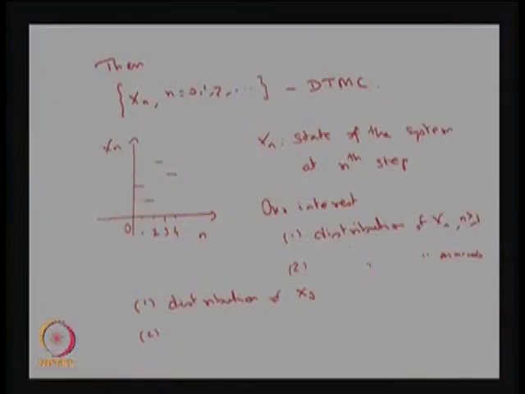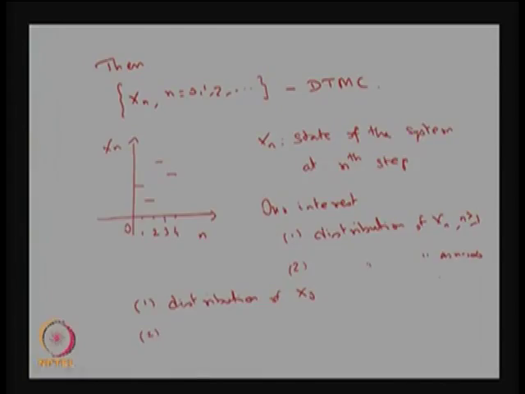If you know these two things, you can find the distribution of xn for any n, as well as the distribution of xn as n tends to infinity.